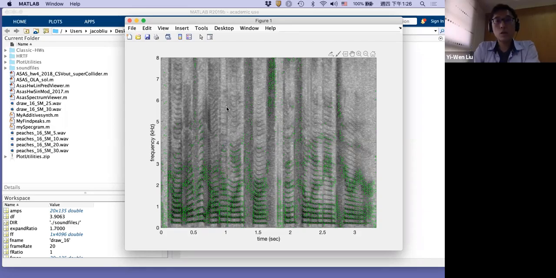This is what sinusoidal modeling is about. As we go through today's lecture, you'll see that once you calculate where all the peaks are, you can choose to play back at whatever speed you want, faster or slower, because the location of the peaks is actually a representation of the sound. So that's the idea.